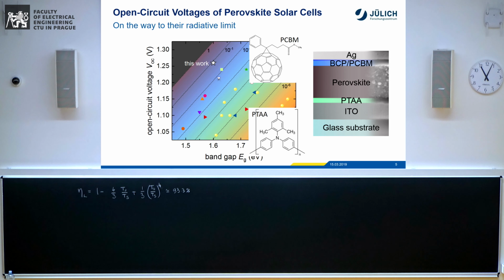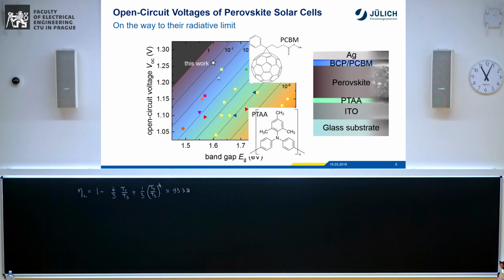The highest value that we reached with these typical band gaps of 1.6 electron volts that you get for these methyl ammonium lead iodide perovskites was 1.26. So that's 20 millivolts less than what the Seattle group got without any charge extracting contacts.